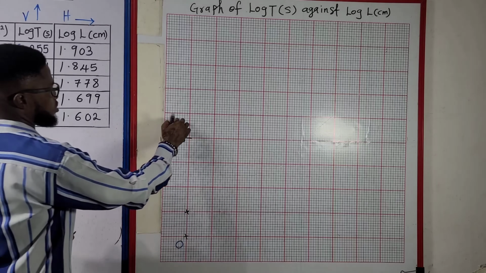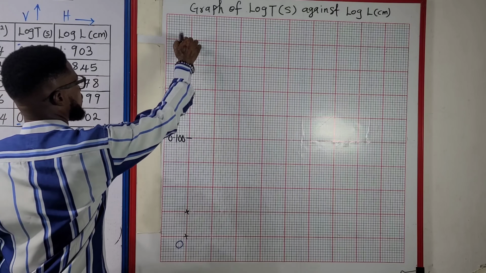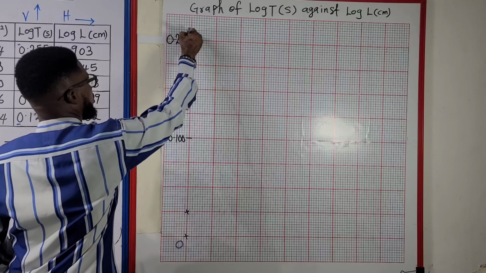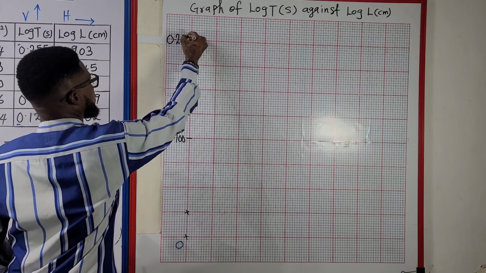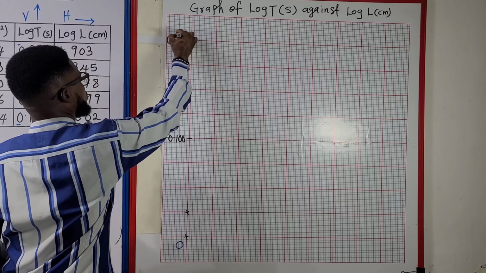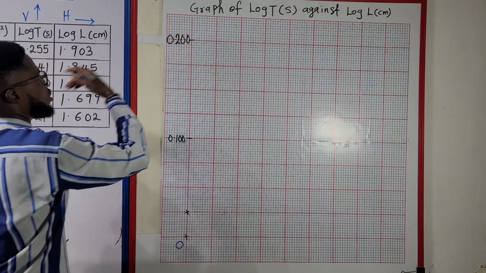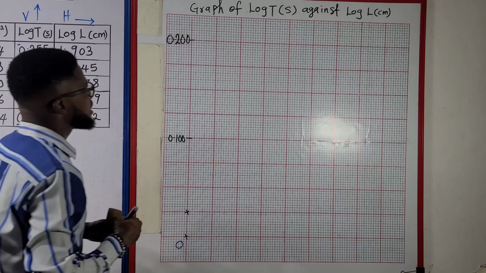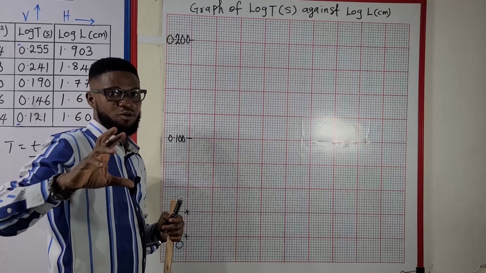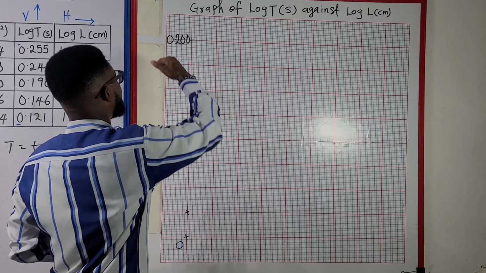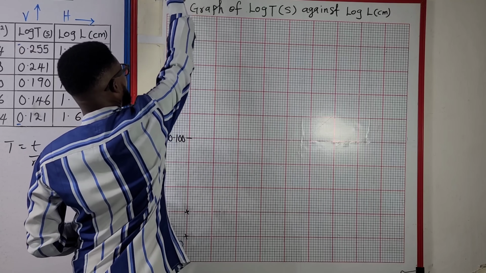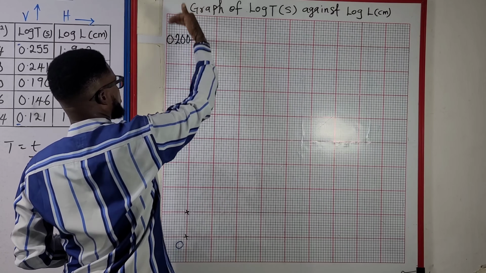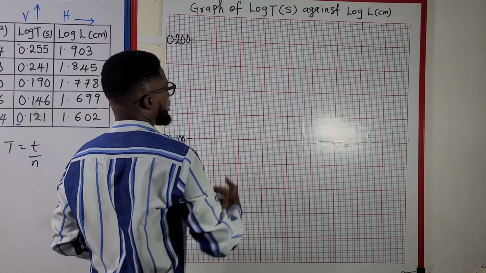Then this will be 0.200, and I'm going to 0.255. Judging by what you have on a paper graph, you're still going to have more columns, and your graph book is still going to extend. I think this is the best way you should take it.